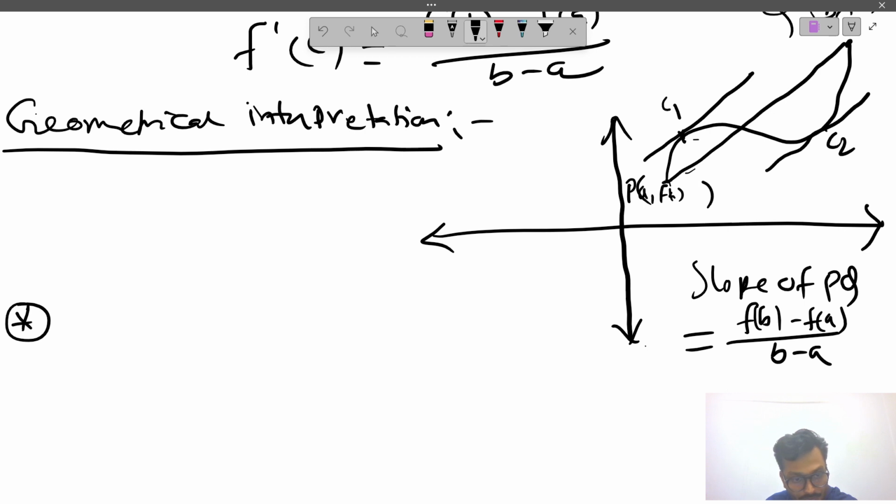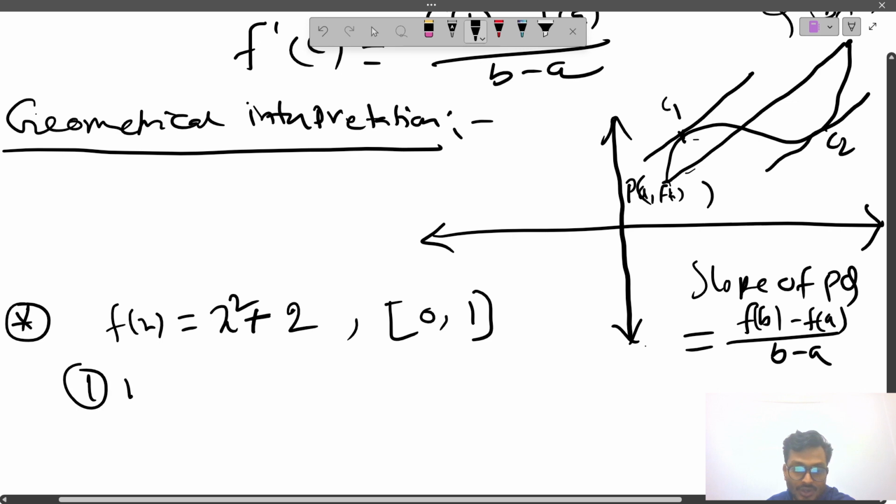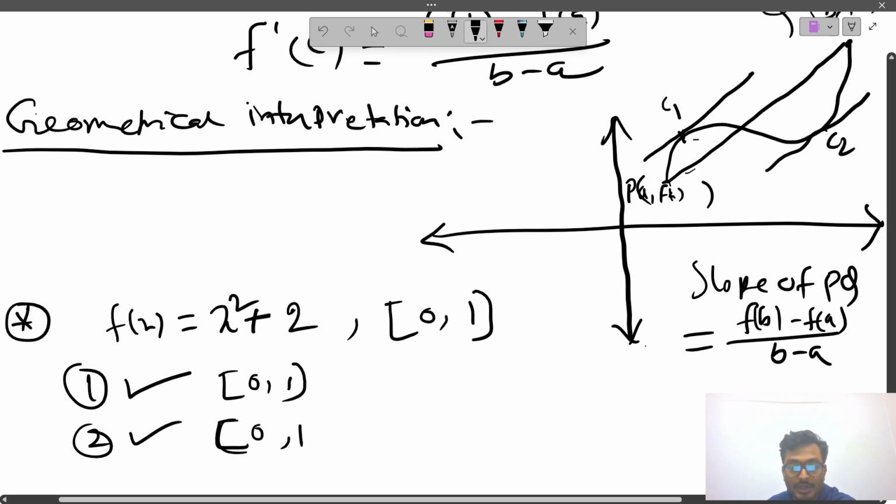Now let us look at some mathematical examples. Suppose our f(x) is the same function we took in Rolle's theorem, and now we are taking the interval 0 to 1, right? So the function is continuous on [0, 1], so the first condition, continuity, is satisfied. The second condition, differentiability, is also satisfied on the open interval.